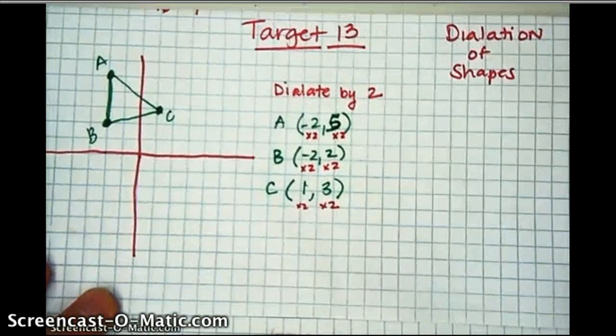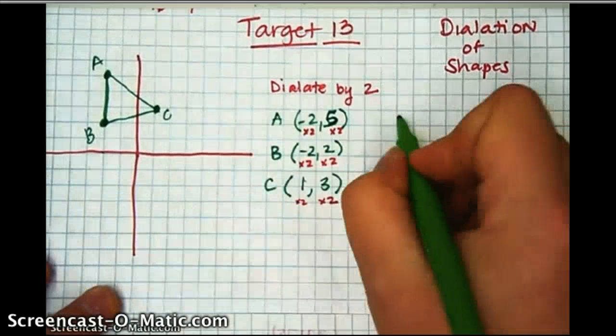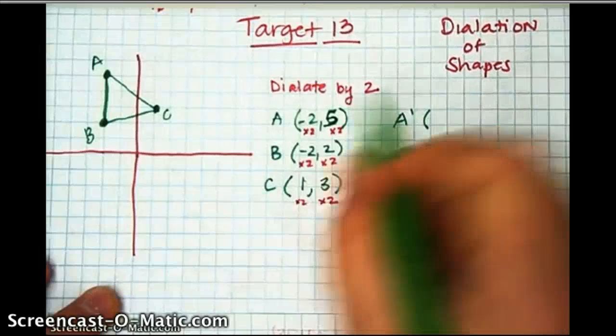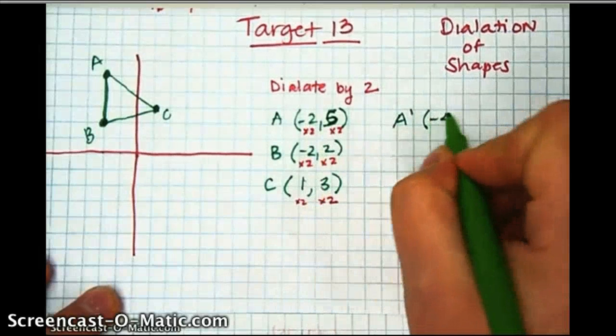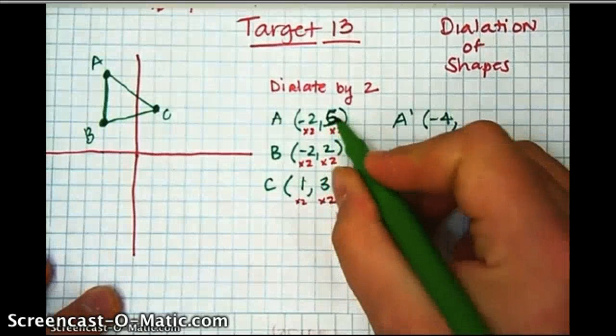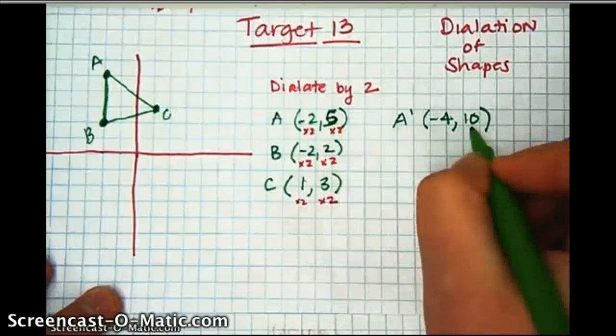Once we multiply, we have our new points. Our new A is going to be -2 times 2, which is -4. Our new Y, 5 times 2, is 10.